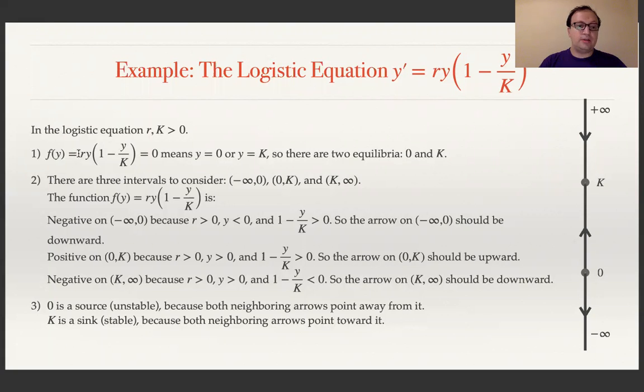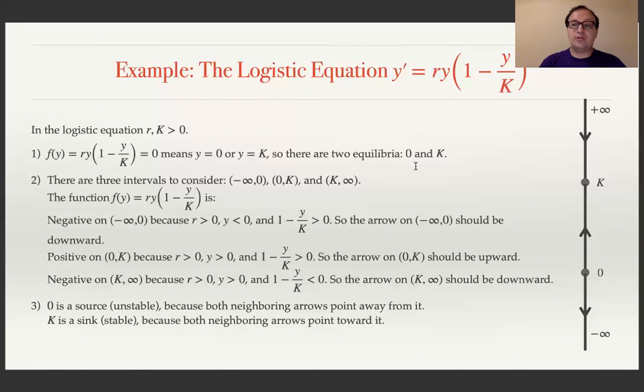So since r is a positive number, this means that either y has to be 0 or 1 minus y over k has to be 0. So y is 0 or y is equal to k. So these are two constant solutions, or equilibria, of the equation. Y of t is always 0 or y of t is always k.